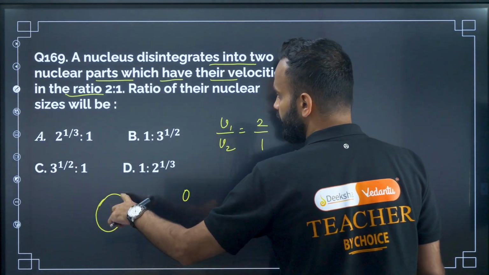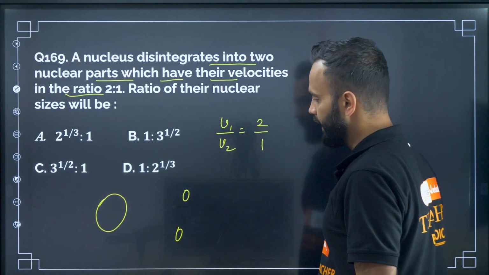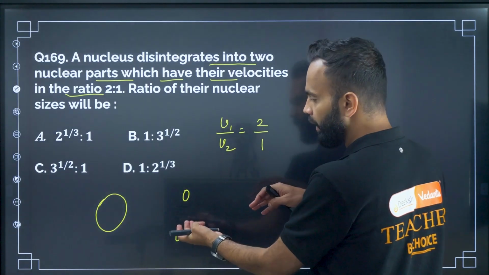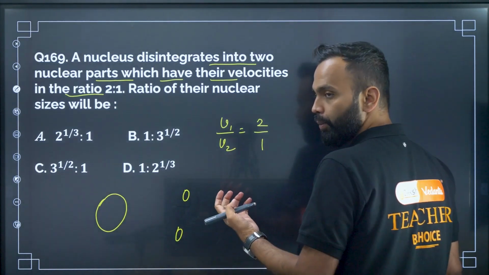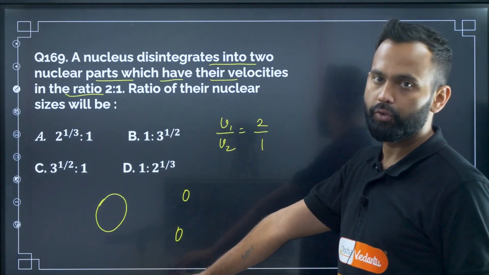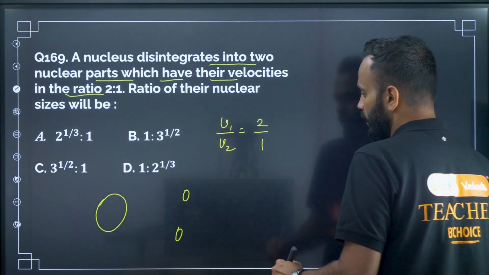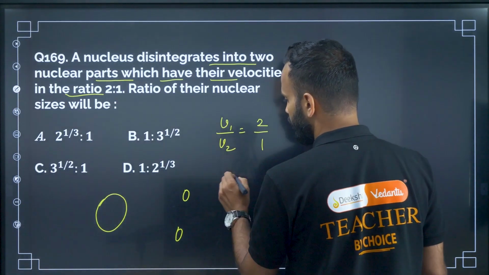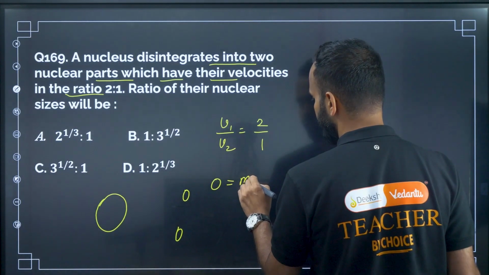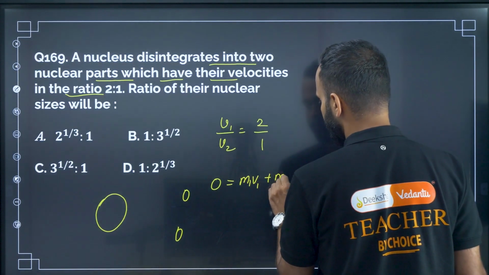Here initially this nucleus is at rest. Now it disintegrates into two parts, and these two parts are moving. So apply conservation of momentum, because there is no external force acting on our system. Initial momentum 0 is equal to final momentum m1 v1 plus m2 v2.